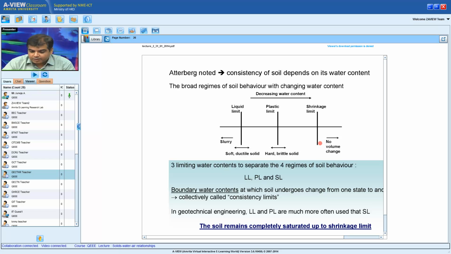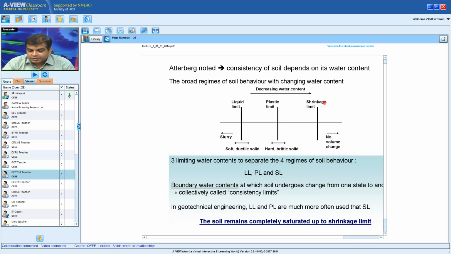However, we normally determine the liquid limit in the laboratory. We determine the plastic limit in the laboratory. Remember, all these are water contents, but we do not usually determine the shrinkage limit. Not many people would like to work on it.